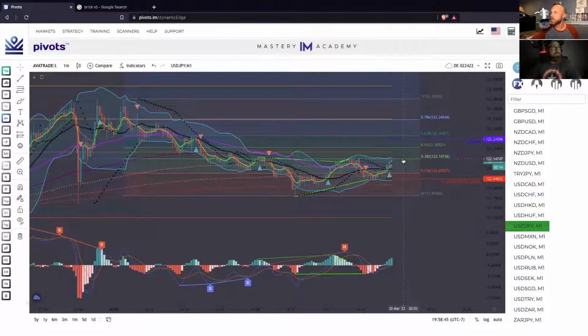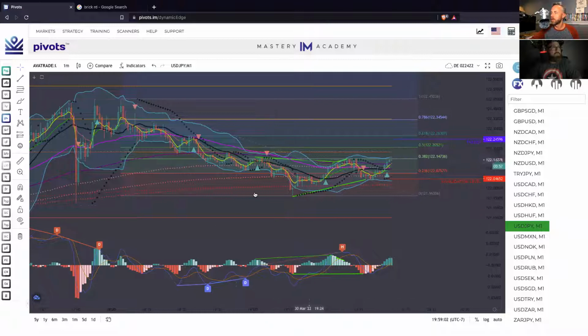This could be the top, right? That could be as far as it's going to go, based on the Fibonacci, that 382. I don't see it breaking that 382. If it does, that'd be really good. We would be going up into that 50% for sure. But we've got some support here.